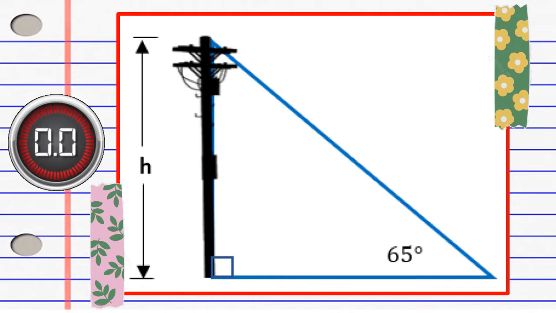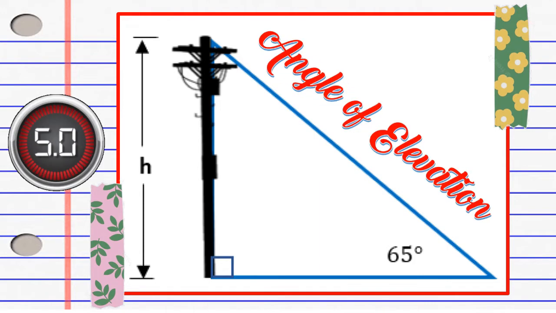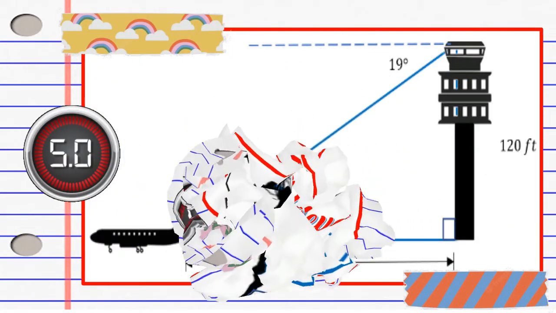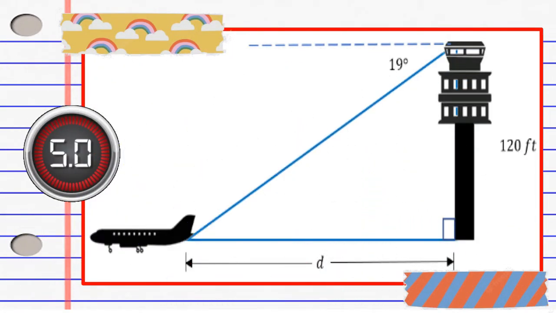Okay, time's up. The answer is still angle of elevation, because you can see here the angle 65 degrees and it's upward. So this is an angle of elevation. Next, time's up.